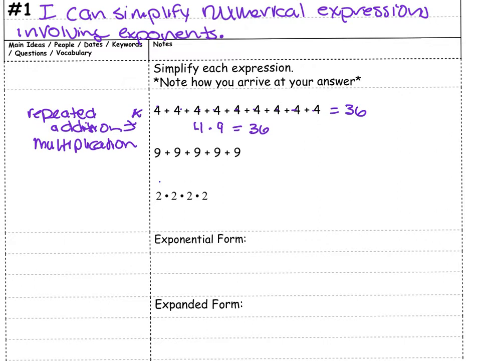So for this next one, we could do 9 plus 9 plus 9 plus 9 plus 9 to get our answer. But the faster way, the more efficient way, is 9 times 5, which is 45.